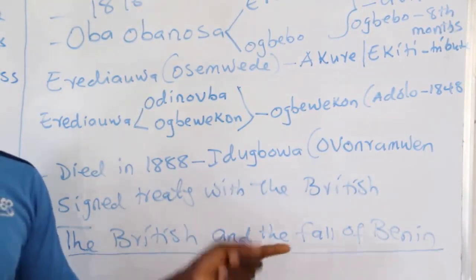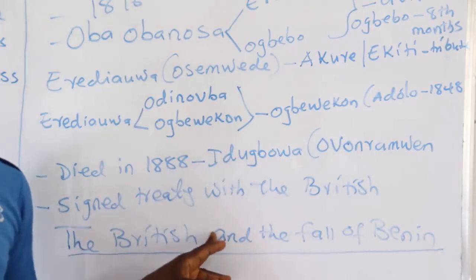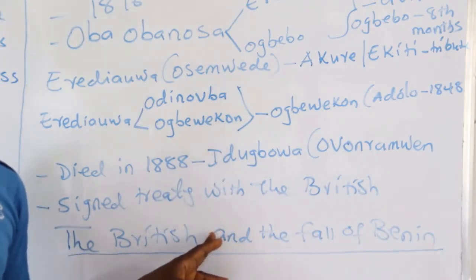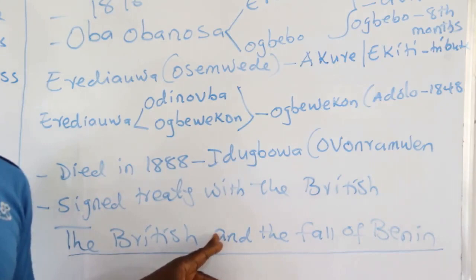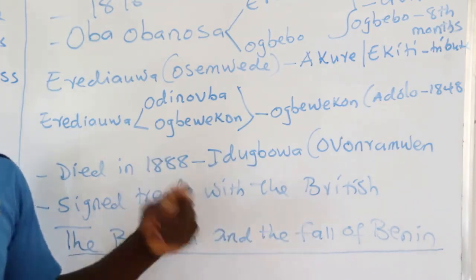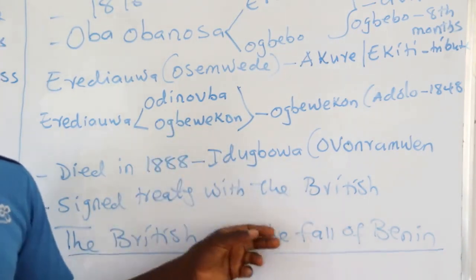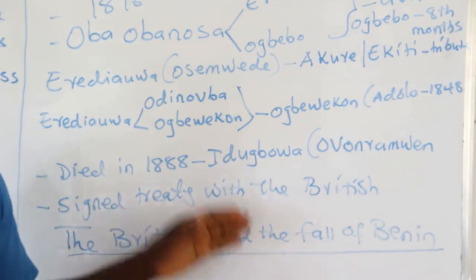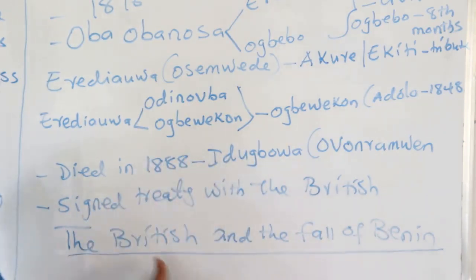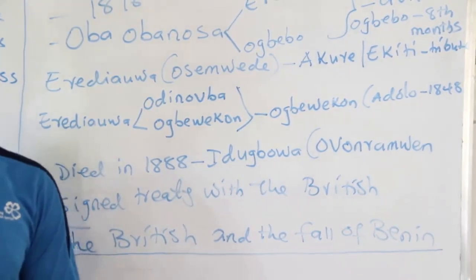And if you are that foolish as a king to sign a treaty of protection with any British agent, what it means is that you have decided to give away your kingdom or the independence of your kingdom to the British. But he was compelled, he was forced to sign that particular treaty with the British. And that will form our next discussion, which will be the British and the fall of Benin.